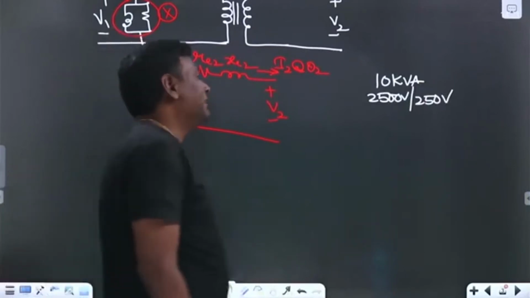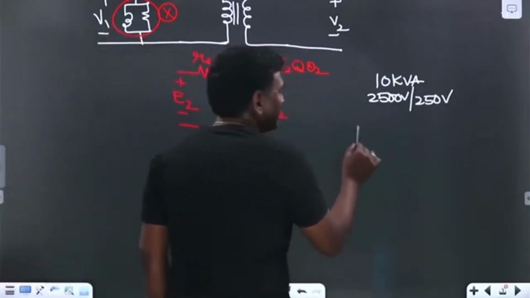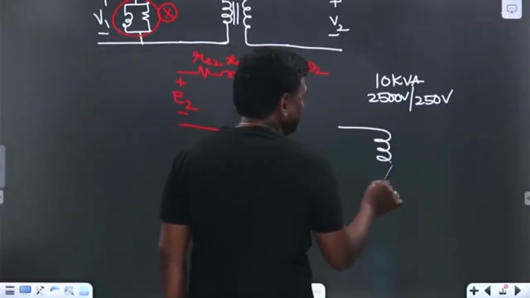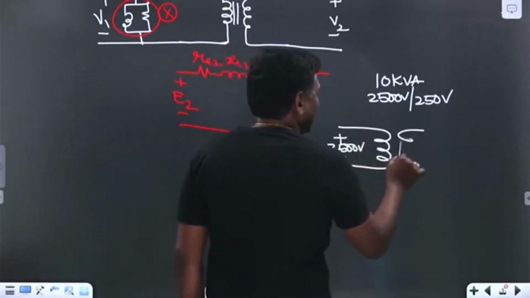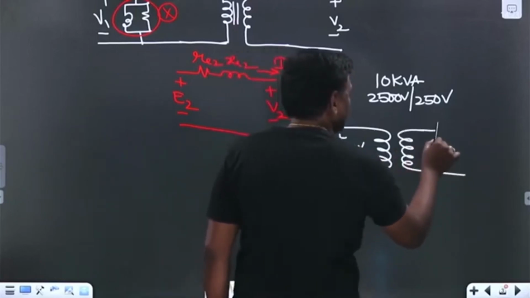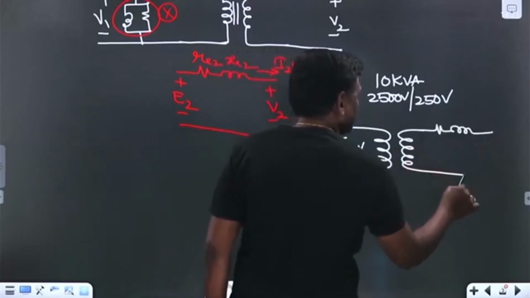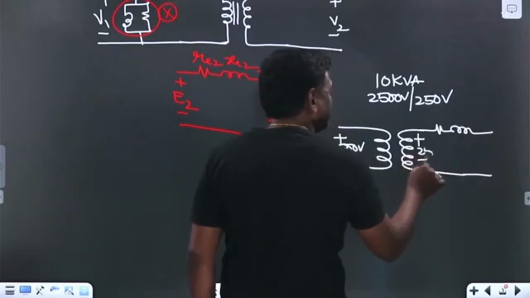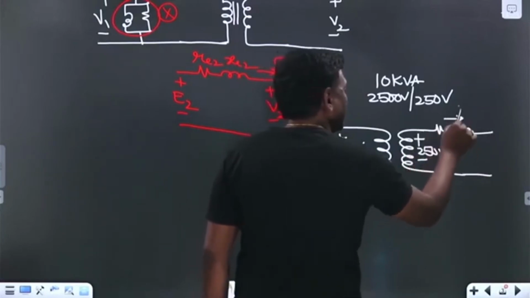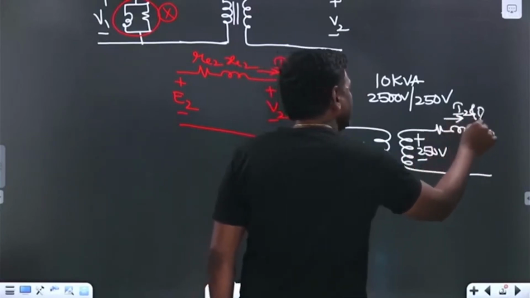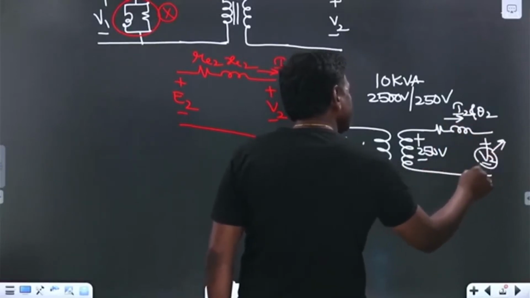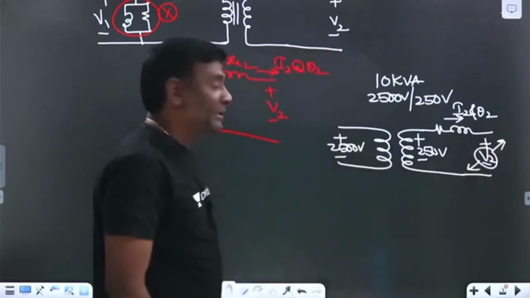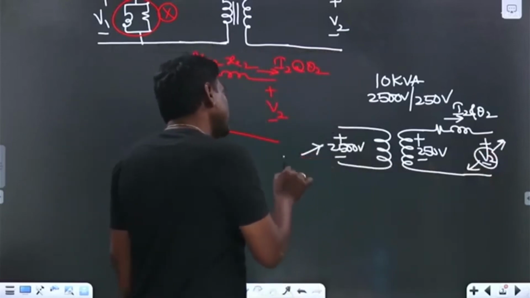But see here, if I supply 2500 volts here, I am getting 250 volts here, and depending upon I2 and theta 2, V2 is going to vary. What does it mean? Now it is going to be distribution transformer.